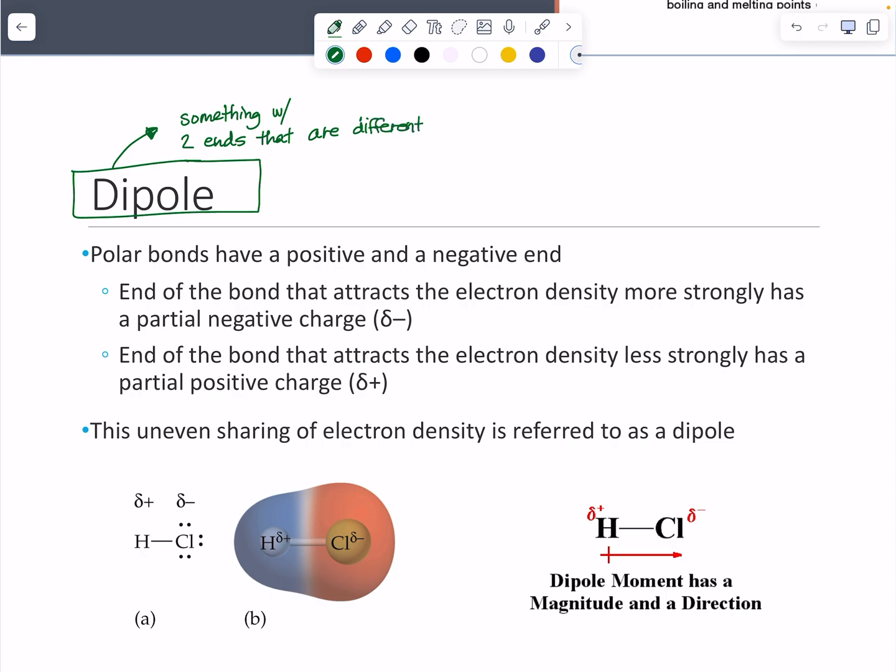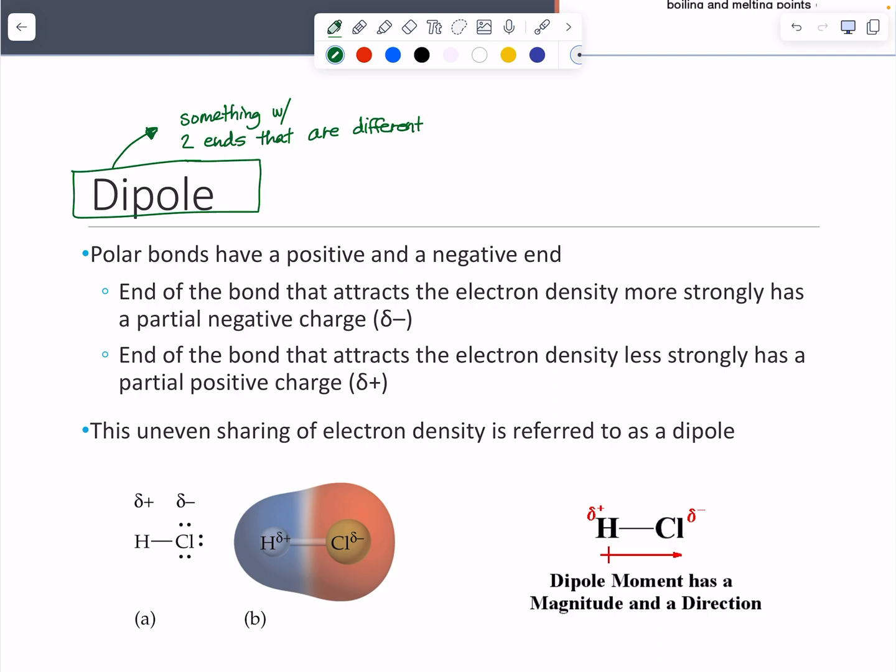And in chemistry, we mostly talk about dipoles in terms of charges. But in physics and physical chemistry, we can talk about magnets as well, because magnets have a north and a south pole.